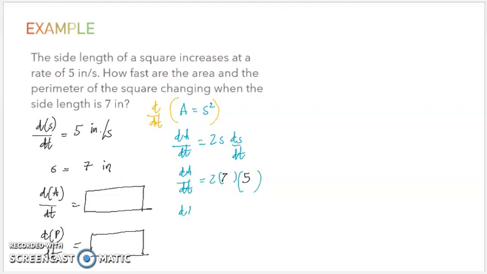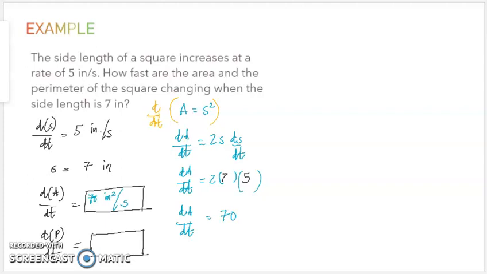So the derivative of the area with respect to time is 14 times 5, that's 70, so that's 70 inches squared per second. So as the side length is increasing 5 inches per second, the area is increasing 70 inches squared per second.